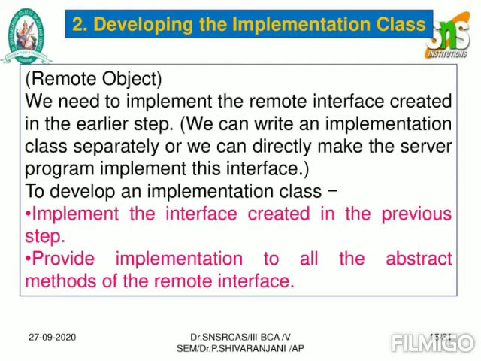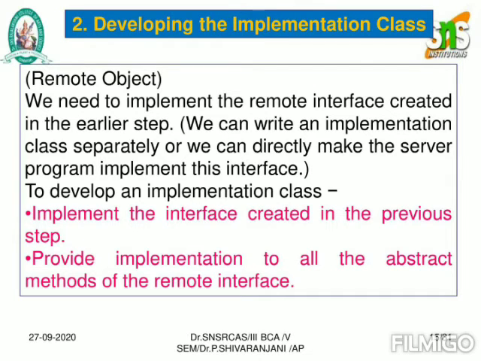To develop an implementation class, you have to implement the interface created in your previous step, and you have to provide an implementation for all the abstract methods of the remote interface. So these are the two ways you can develop your implementation classes.